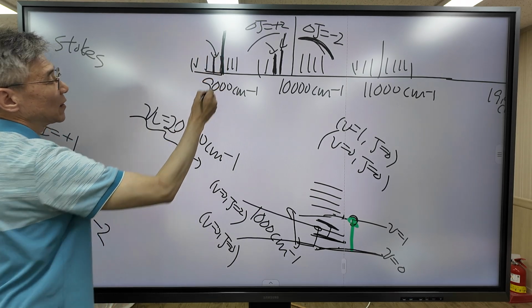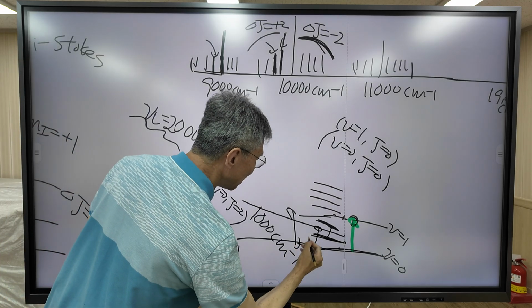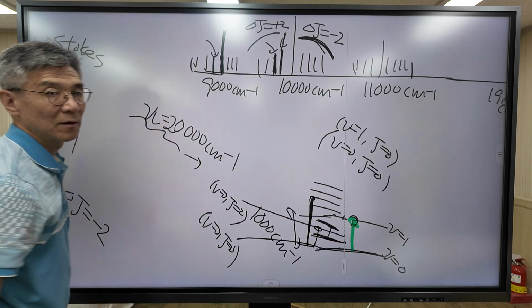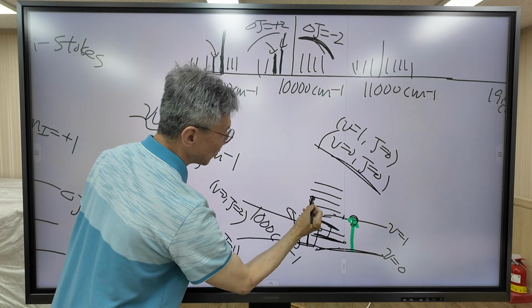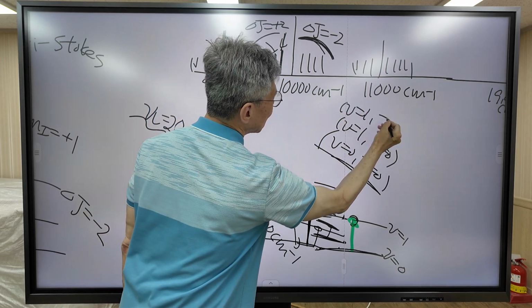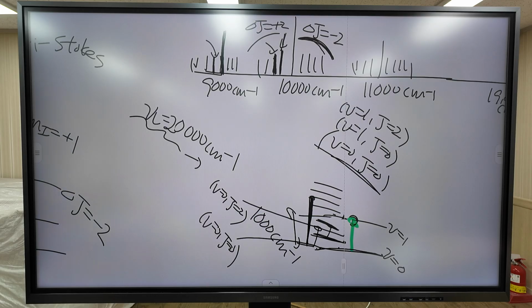What does this peak correspond to? This peak corresponds to this transition. So initial state is the same. What is the final state? Final state is V equal 1, J equal 2. Right?